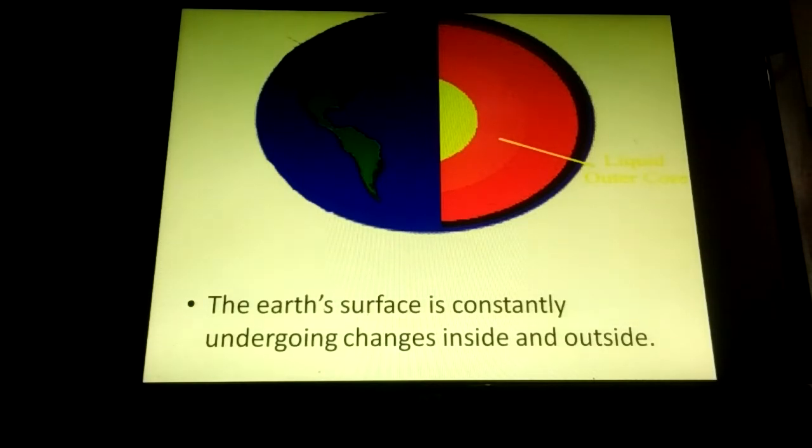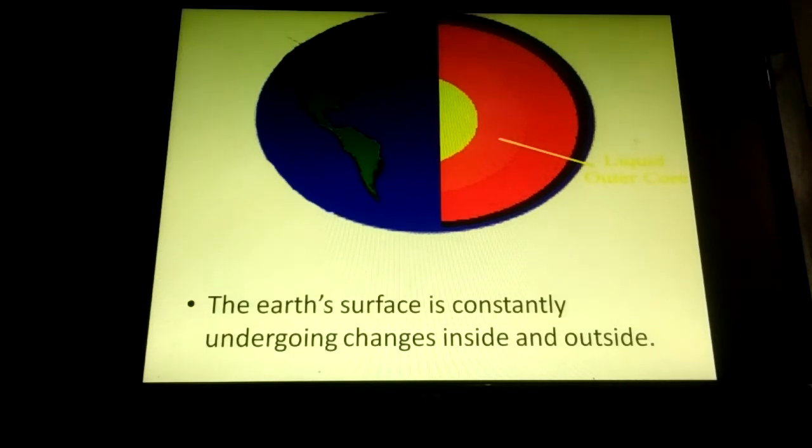What lies in the interior of the earth, and what is the earth made up of? Now, let us see about it. Our earth's structure has been compared to an apple.